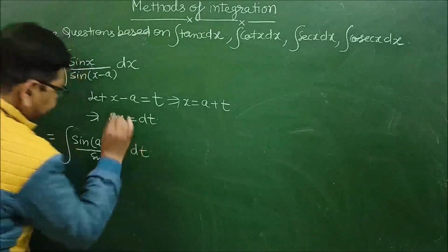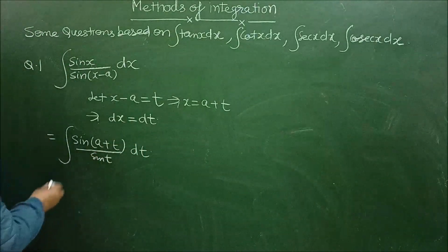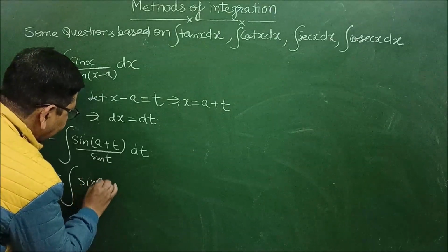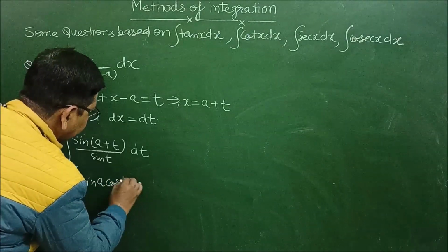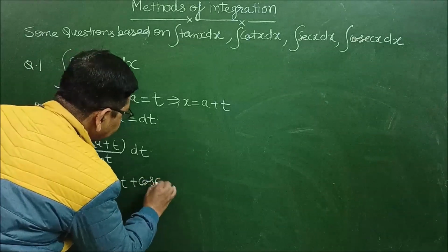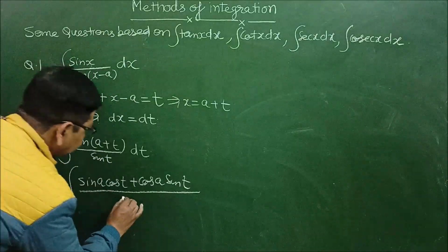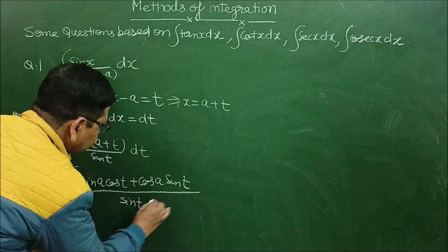replaced by dt. Now sin(a plus t) can be written, using the sin(a plus b) formula, as sin a cos t plus cos a sin t, divided by sin t, dt.